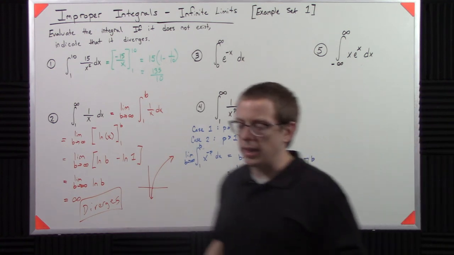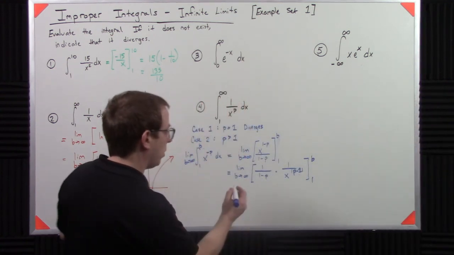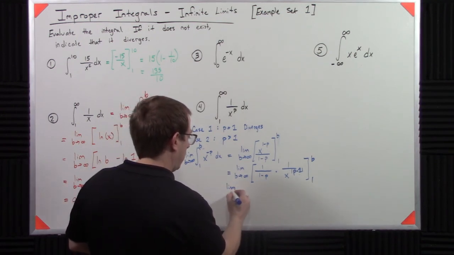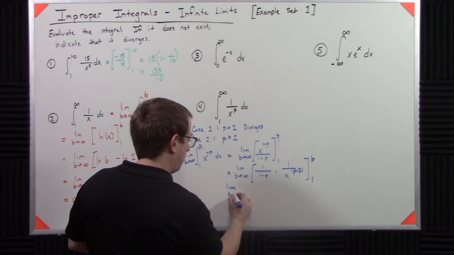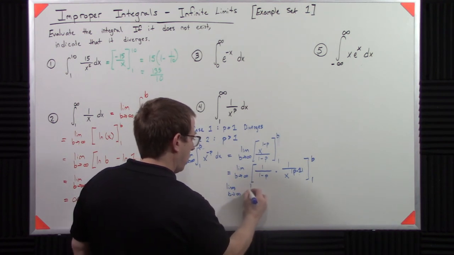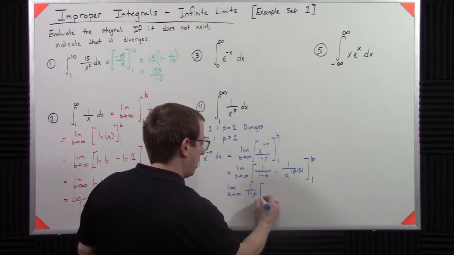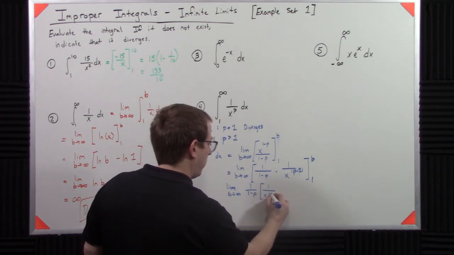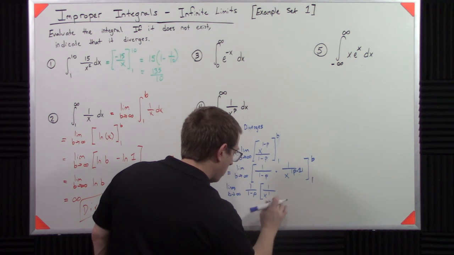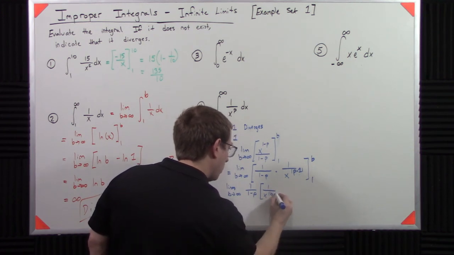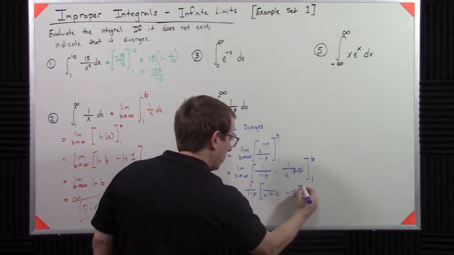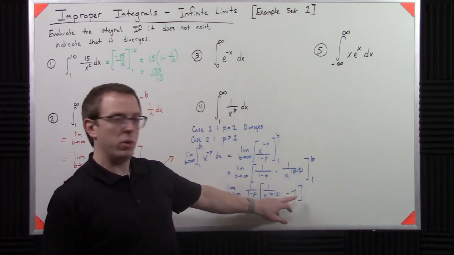Now, why am I saying that? I'm saying that because then I can plug in b here. I can say that's the limit as b goes to infinity, 1 over 1 minus p, 1 over b to the p minus 1, minus, it's just 1 when we plug it in.